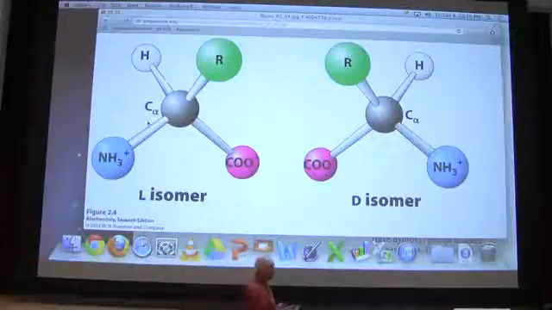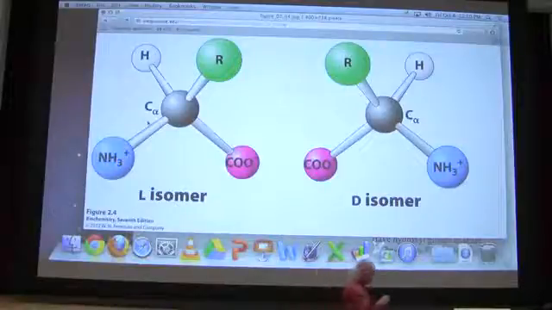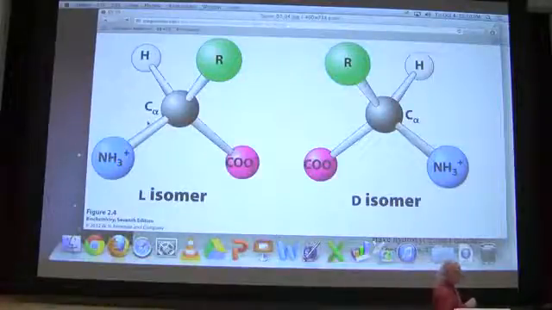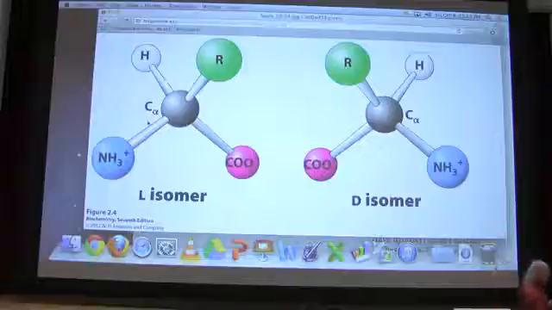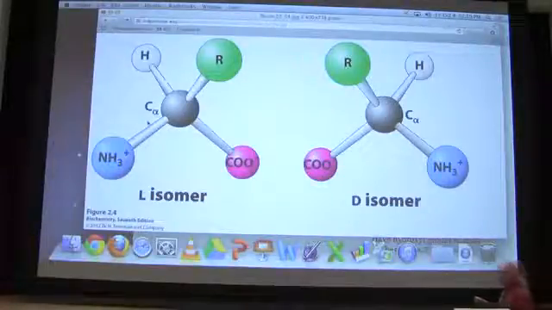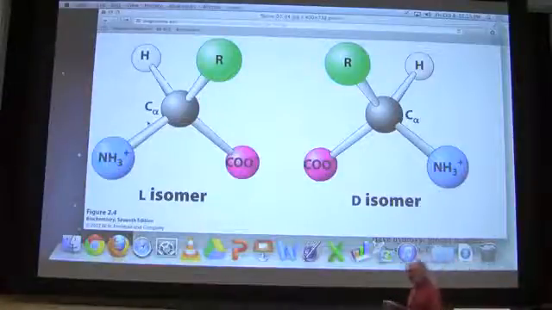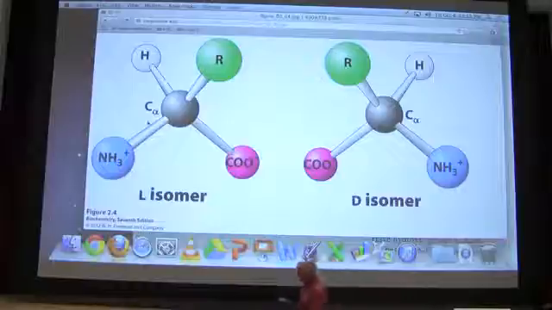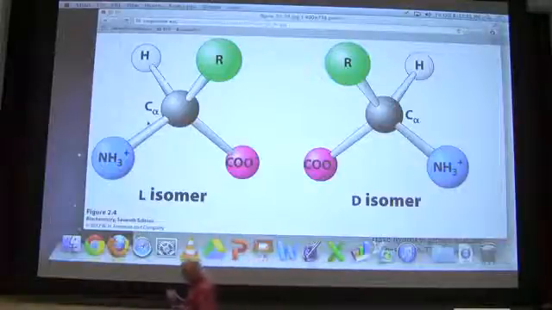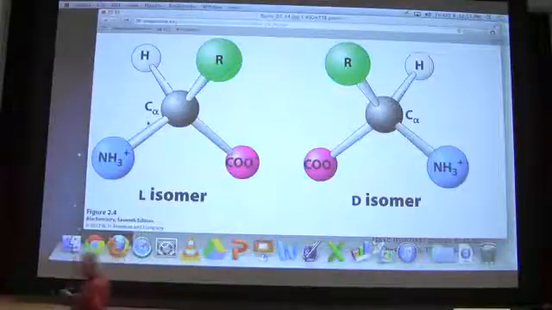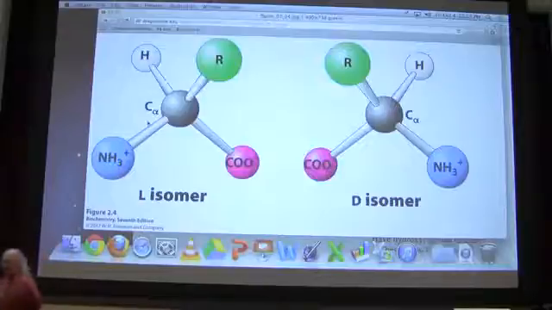And the reason you should know is because when we look in biological systems, there's an amazing bias. Essentially, all of the amino acids that are found in proteins are in the L form. They are not in the D form. Why is that the case? Well, life evolved under conditions where having similar things made a lot of sense.